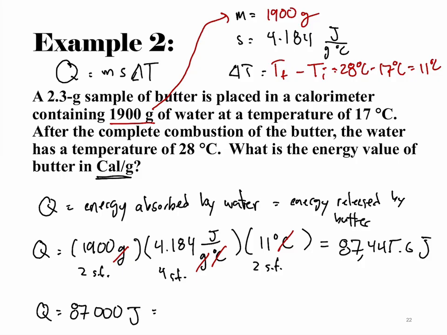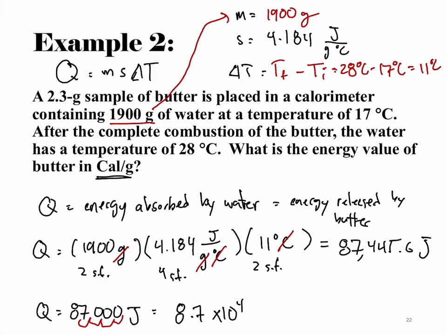And if we did that in scientific notation, how would we do that? We have 1, 2, 3, 4. Yep, 8.7 times 10 to the 4, right?